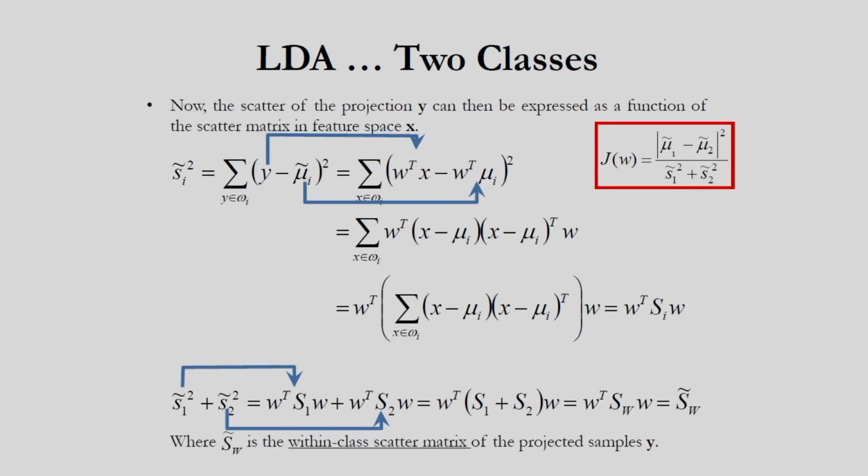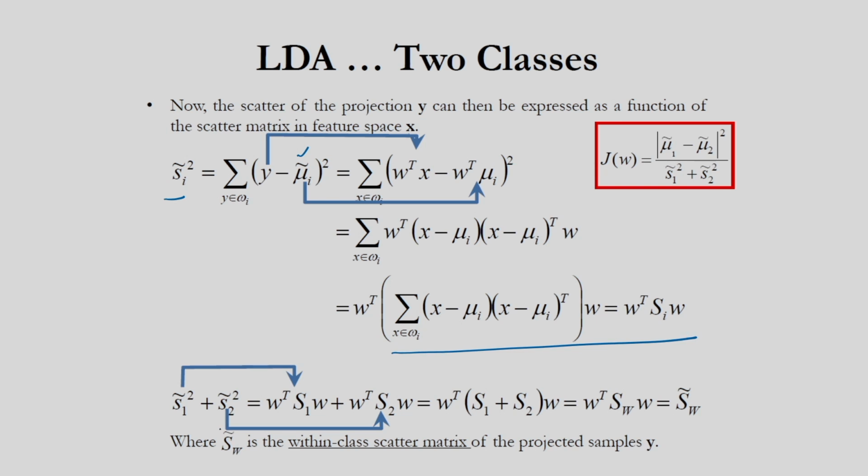Now the scatter of the projection Y can be expressed as a function of the scatter matrix in Fisher space X. Here you can see I am considering the projected data. So Si tilde square I can determine, where Y is the projected data and you know what mu i tilde is.